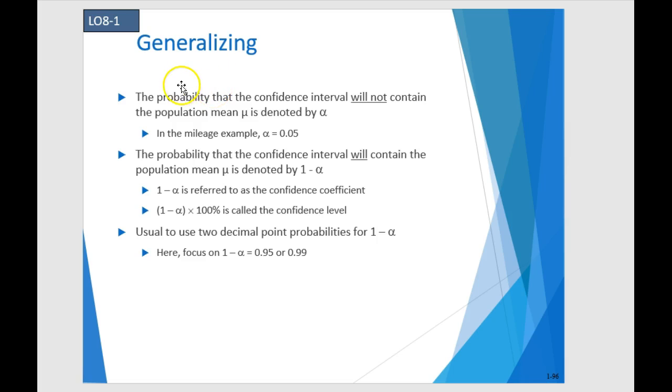Naturally we want that probability to be very, very low. So when we do confidence intervals, we're going to be working with really small alphas. Then 1 minus alpha is going to be a large number. So we want a confidence level of, say, 95% or 99%. Those are the two that we most commonly use in this course.